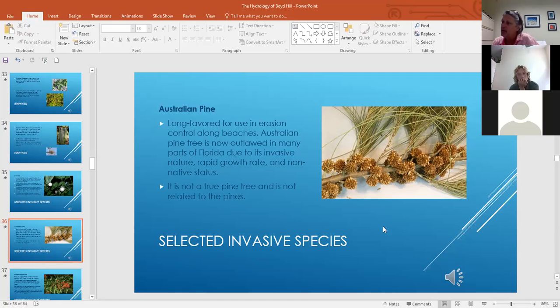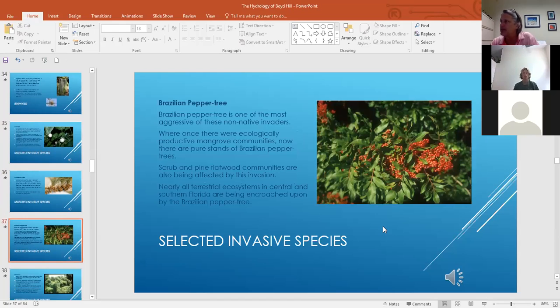Now the big worst damager is the Brazilian pepper, also called the Florida holly. It does have this alternating leaf with a terminal leaf here, and then it does make these little peppercorn type berries when it's in season. The birds love it and spread the seeds all over, so it's very, very invasive, very aggressive.